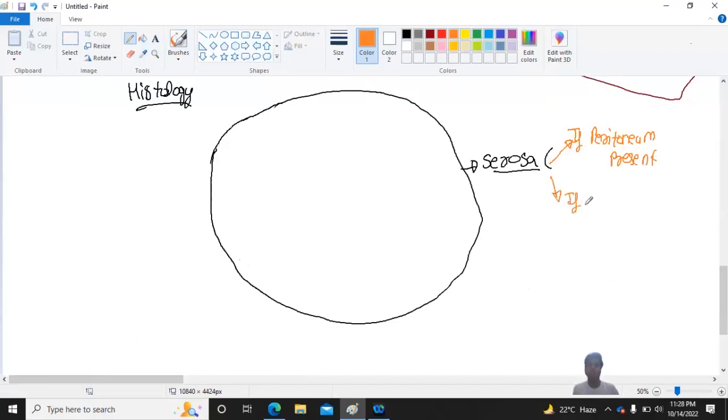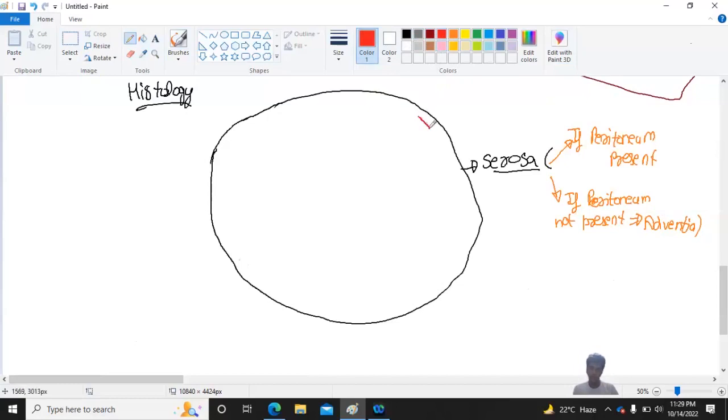Okay. If peritoneum not present, called adventitia. In stomach, it is called serosa. Simple.